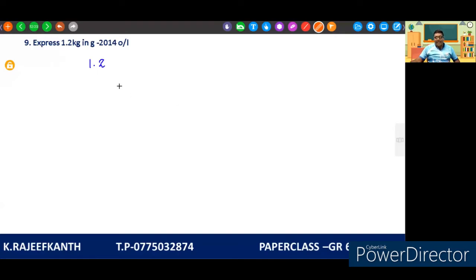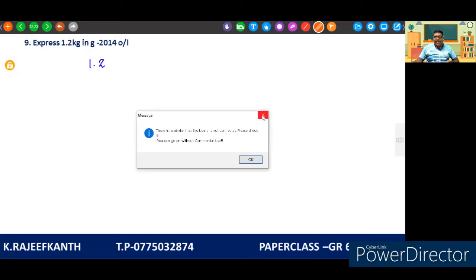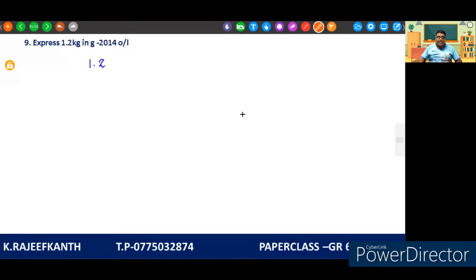Like this, we have to find the answer here too, because we are going to convert kilogram into gram. Here 1.2 kilogram, we have to multiply by 1000.